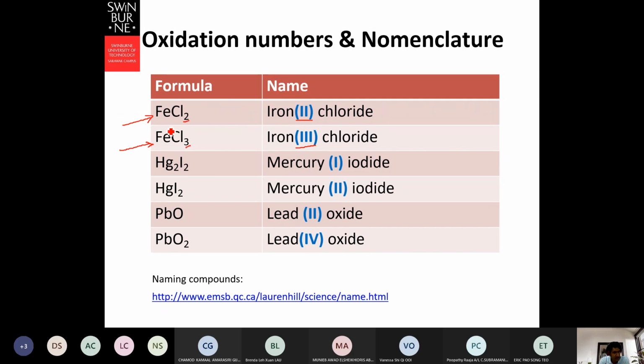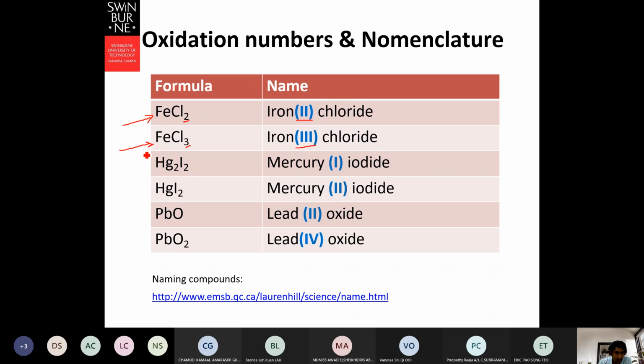Sorry, iron chloride is colorless probably. Iron chloride 3 is greenish probably. So due to this color, oxidation state difference. And mercury oxide, this is mercury 1 oxide because all of them are having 1 oxidation state.